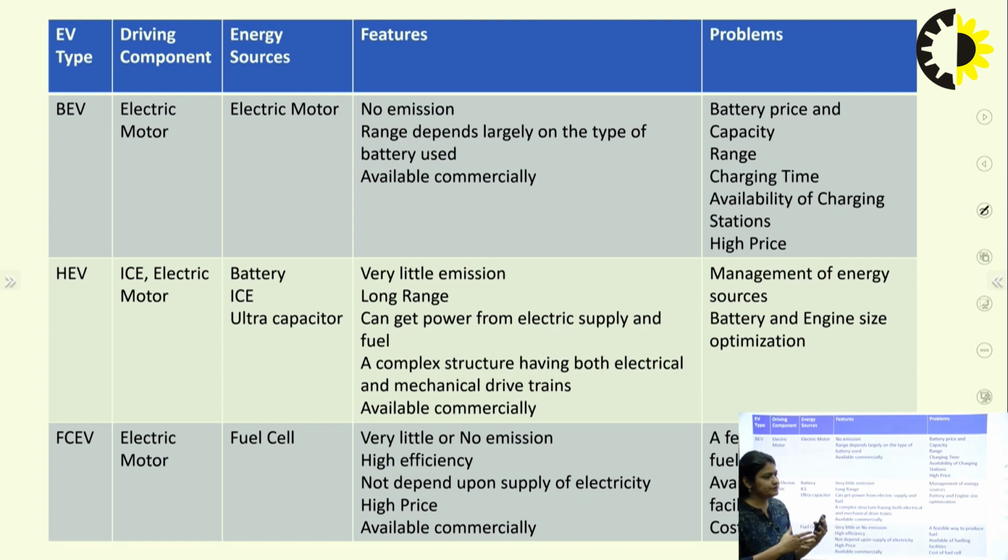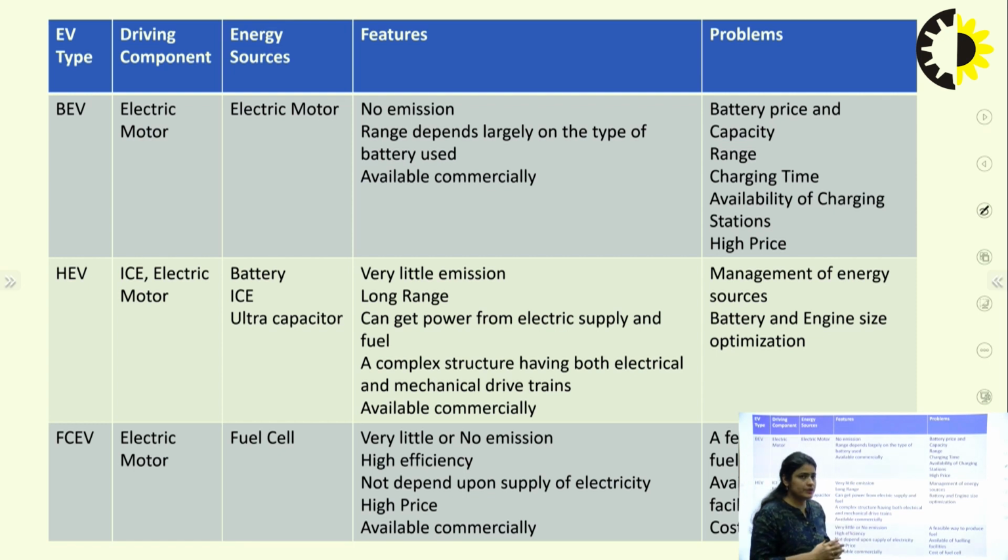The energy is converted into kinetic energy and the vehicle will drive, so there is no emission, and the range depends largely on the type of battery used, right, and it is available commercially.